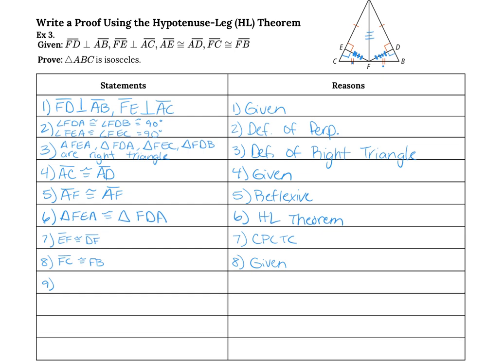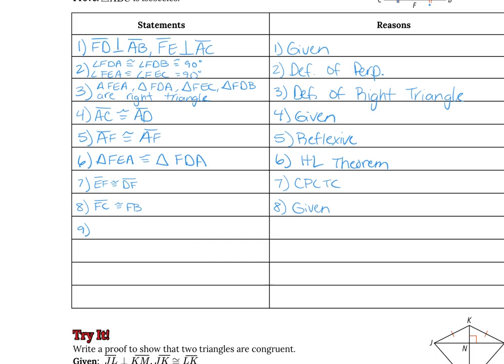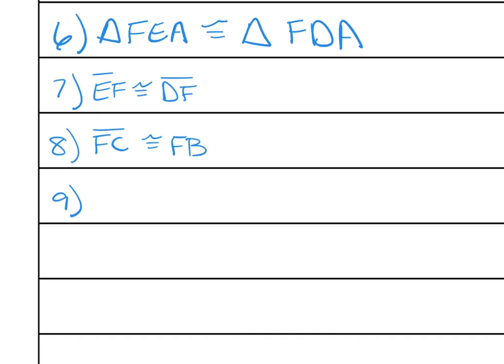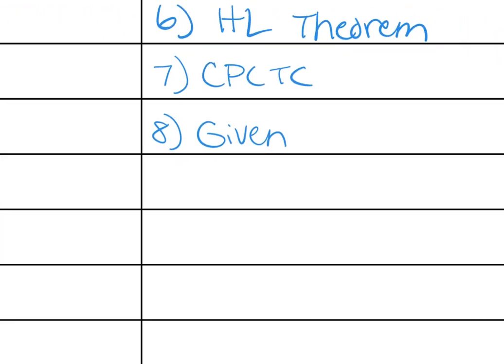I've got my right angles, and then I have another leg that is congruent to each other. So I can prove those triangles. So triangle FDB is congruent to triangle FEC, and that was through hypotenuse leg again.